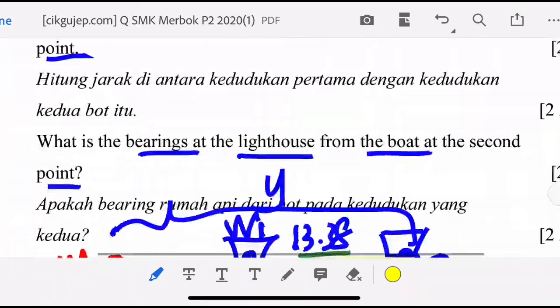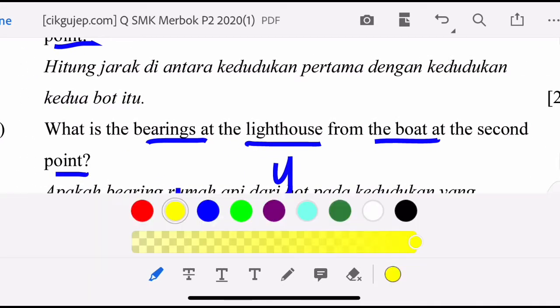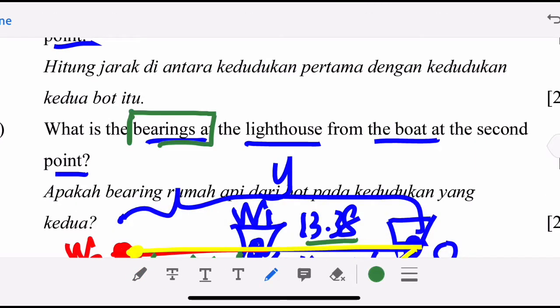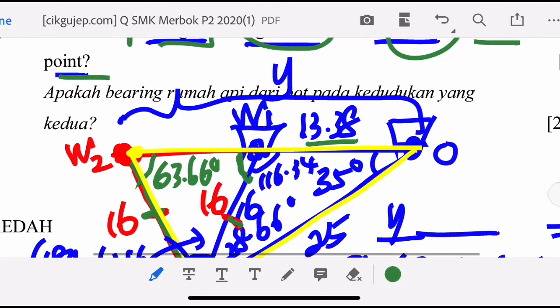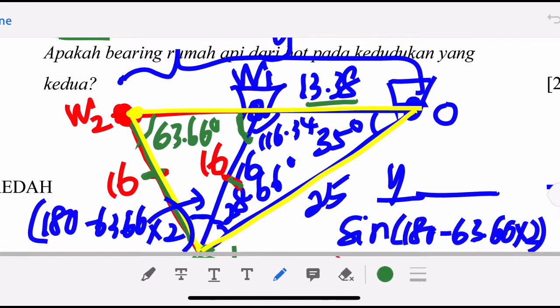Finally, the last question is very simple. It is asking for the bearing of the lighthouse from the boat at the second point. Where is the second point? The second point is here.